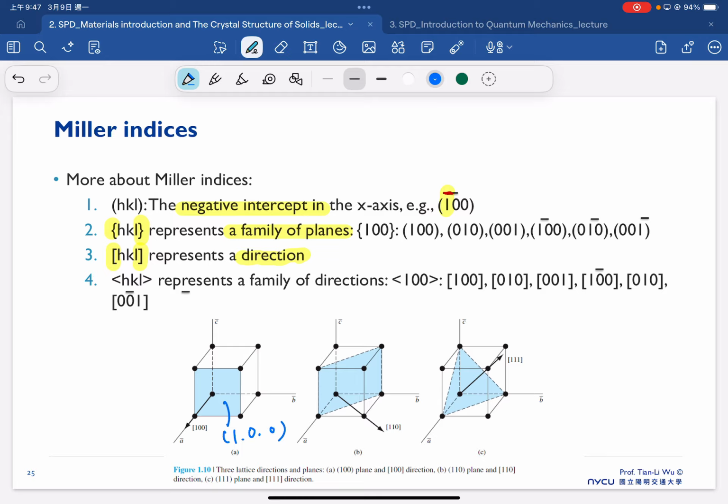But if we want to identify the direction of the plane, the direction means the arrows that are perpendicular to this plane, which will be these directions.